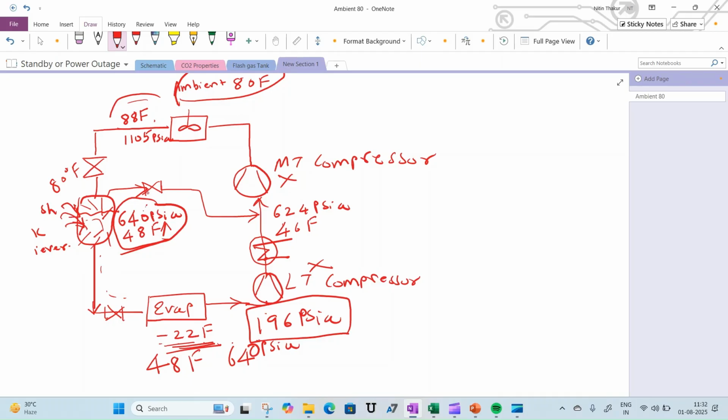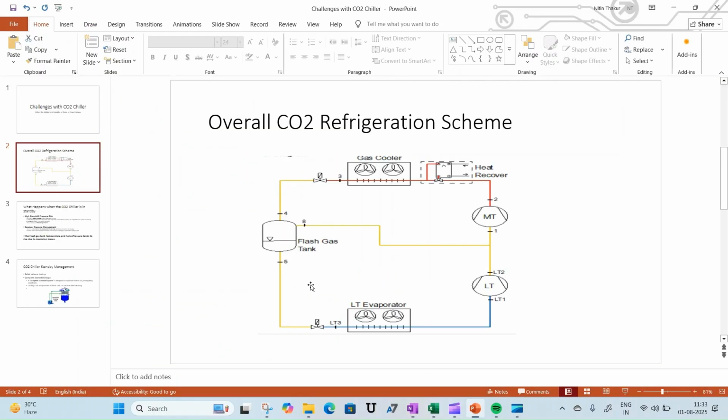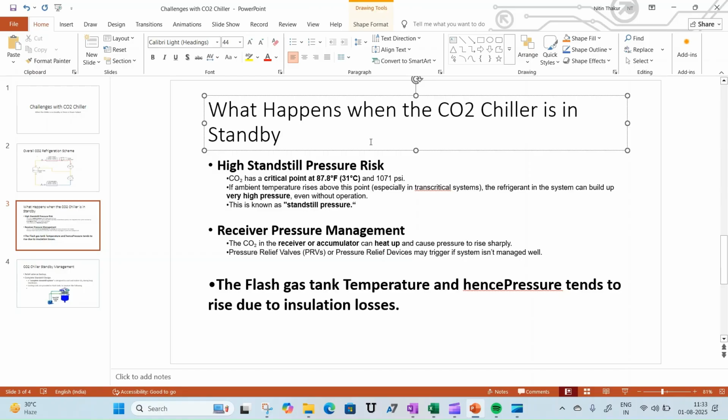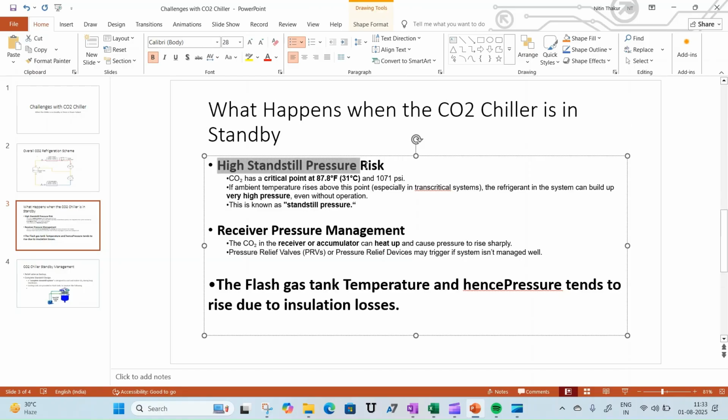So this is what we want to say here: what happens when the CO2 chiller is in standby condition. There is an increase in the pressure. We call it a high standstill pressure risk, which means there will be an increase in pressure.